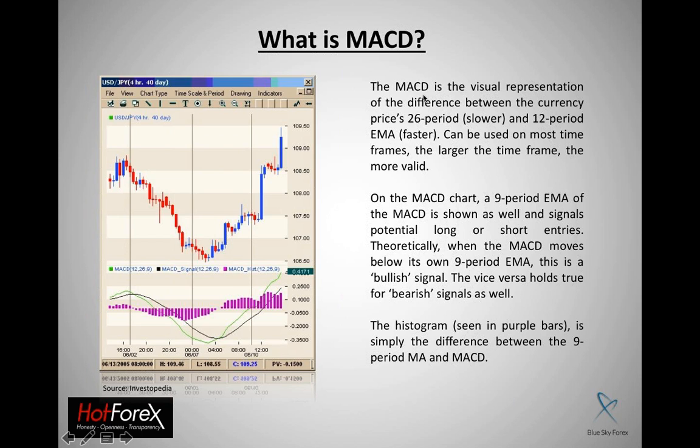But basically, the MACD is a visual representation of the difference, okay? It's the mathematical difference between the underlying price of the currency's 26 period exponential moving average and the 12 period exponential moving average. The 26 period, because it looks at 26 historical periods.